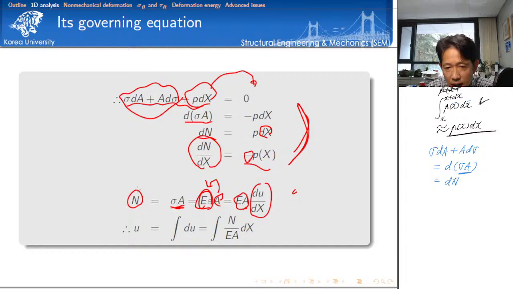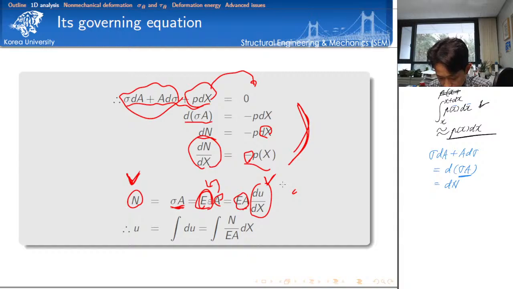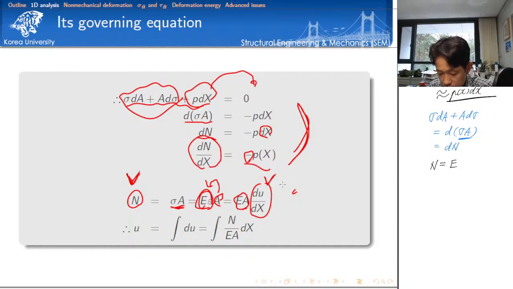Okay? So now let's focus on the first term and the very last term here. Then it becomes N, the internal force, is equal to elastic modulus, cross-section area, and du over dx.